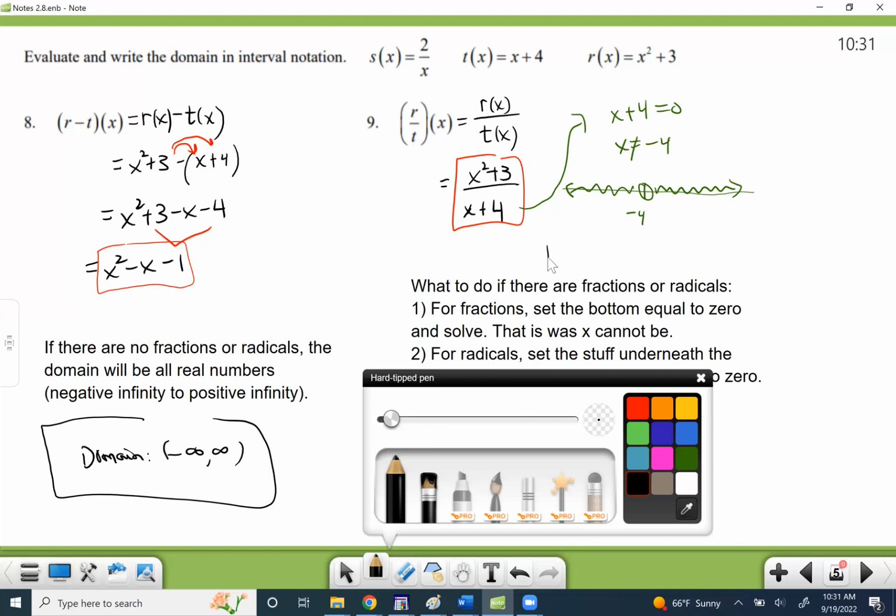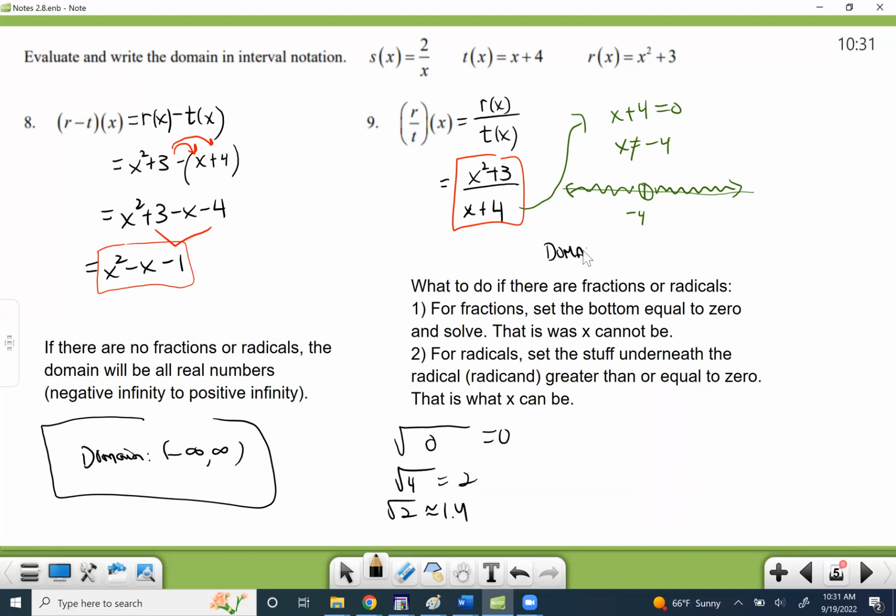So for our domain in interval notation, we're going to describe each one of those pieces with a union between. So for this piece on the left, it's going to be from negative infinity all the way to -4. And remember to use a parentheses because -4 is not allowed. It's not included. If you put a square bracket on it, you're including it. For the other piece, it'll be from -4 all the way to positive infinity.